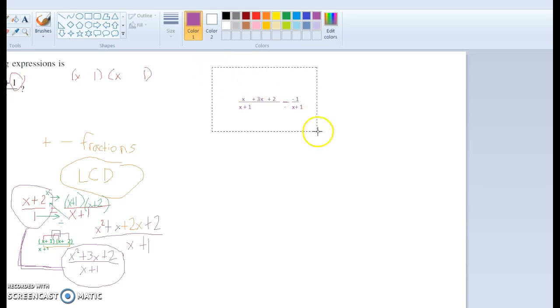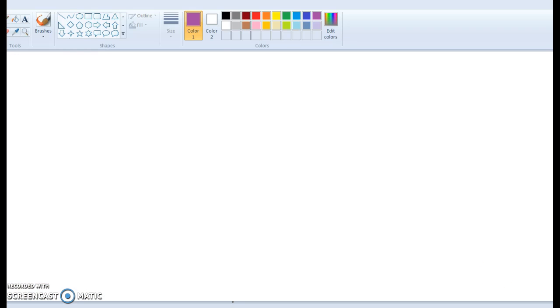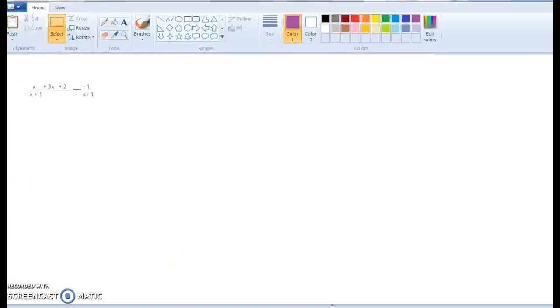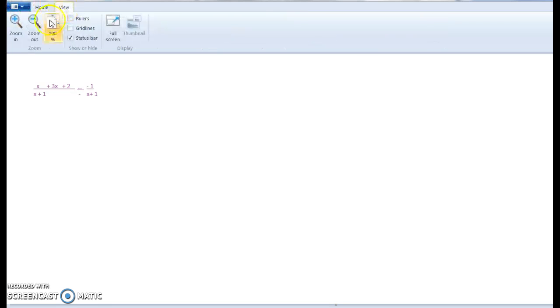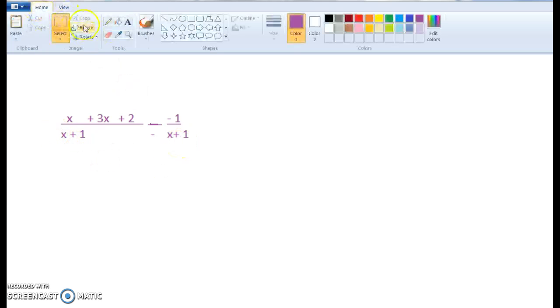Now I want to take this and make it bigger so you can see what is happening. What is actually happening here is I now have a least common denominator, and that least common denominator is the x plus 1. So now I can take these terms on the top and do the addition and subtraction with them.